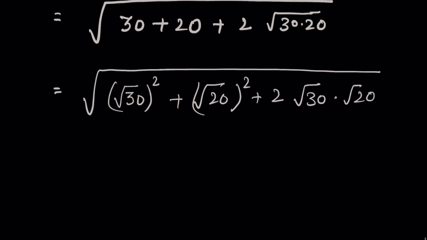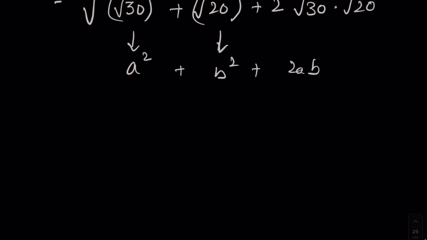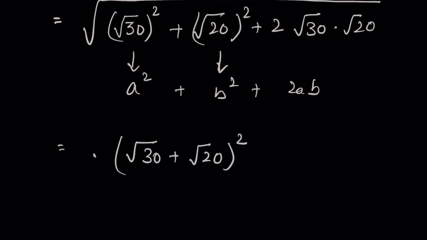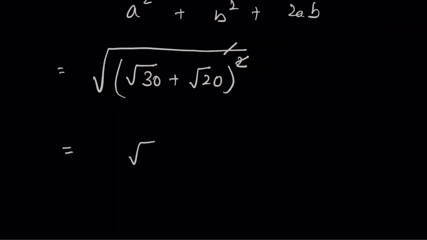Now if square root of 30 is a and square root of 20 is b, then this is in the form of a square plus b square plus 2ab, and this algebraic expression we can write as square root of a plus b whole square, that is square root of 30 plus square root of 20 whole square, under the square root. Now remove the square root with the square, so square root of 30 plus square root of 20.